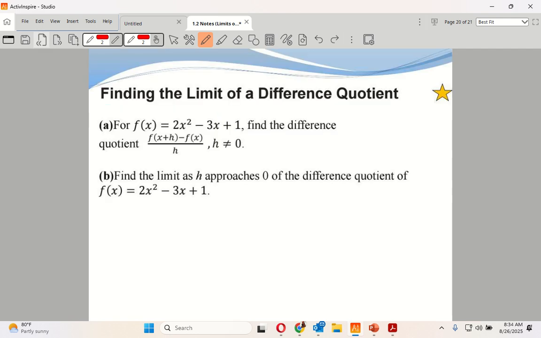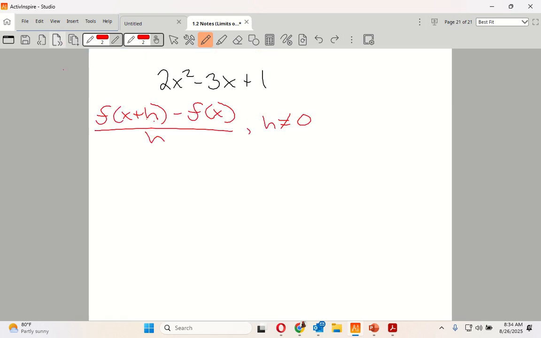Okay, reading through here. For this function, find the difference quotient using this. Okay, so that means f of x plus h. What does that mean? What am I doing with that? This notation right here, f of x, means just the function, right?